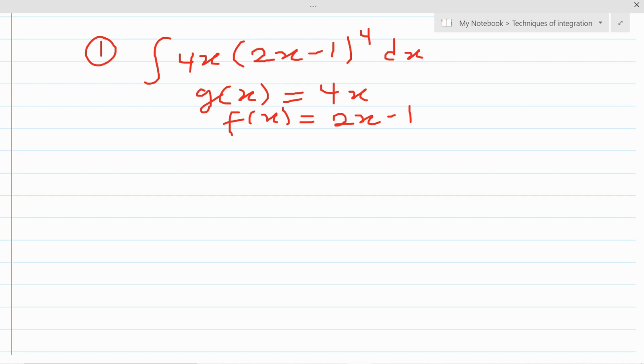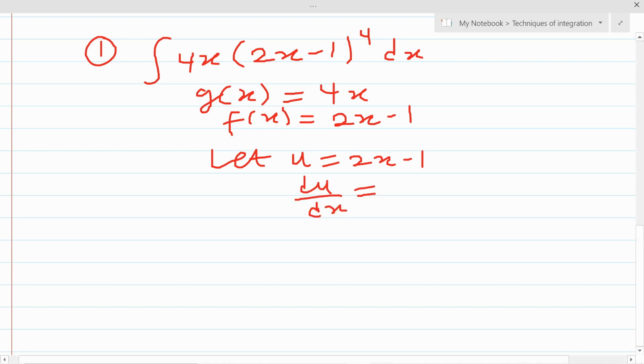So it's not always that the substitution rule that I stated before will work. Sometimes you need to manipulate it a bit. So if you let u be equal to 2x minus 1, then du dx will actually give us 2.